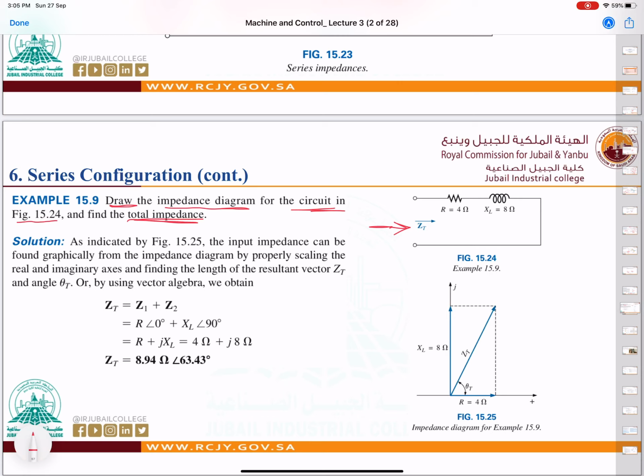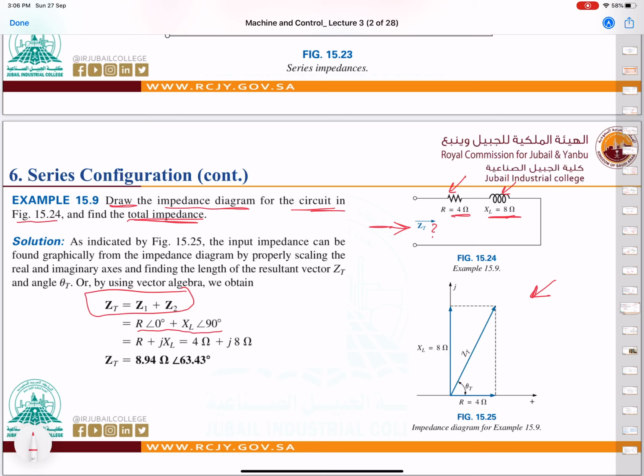So in this circuit we need to find the total impedance and draw the phasor diagram, the impedance diagram. R is 4 ohm and XL is 8 ohm. Now we know that Z total is Z1 plus Z2, which is R with angle 0 plus XL with angle plus 90.